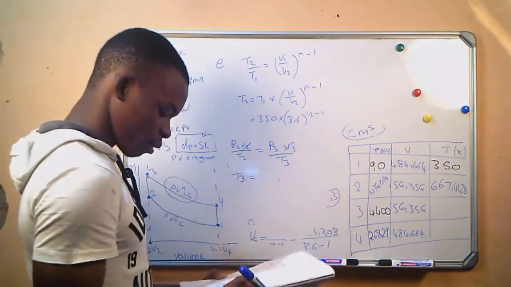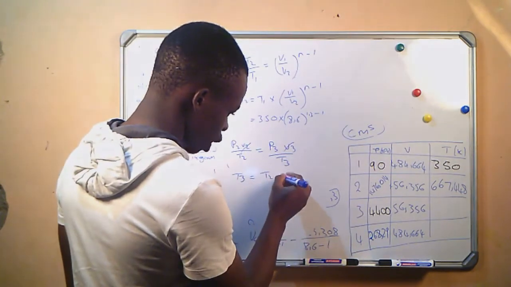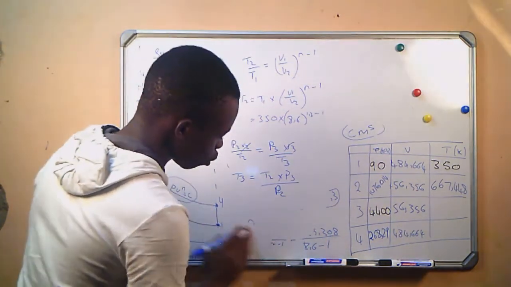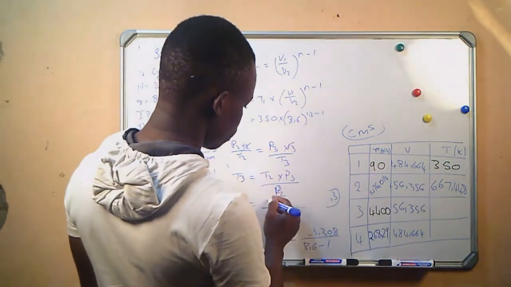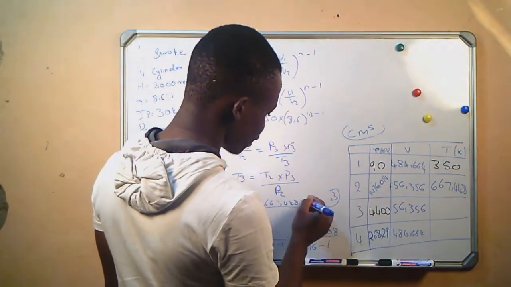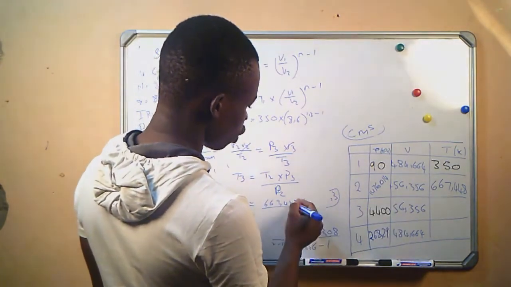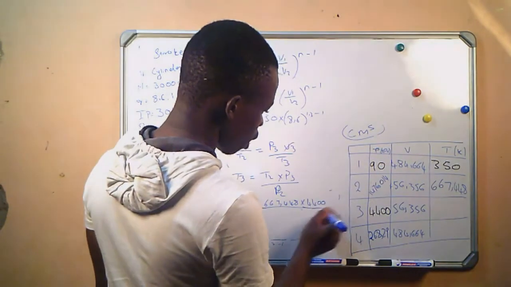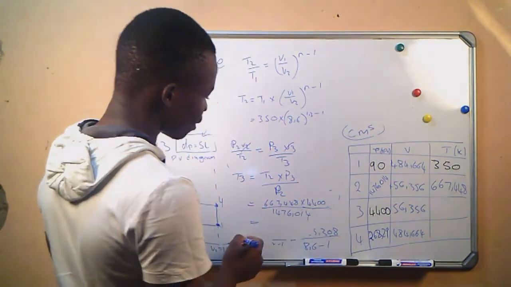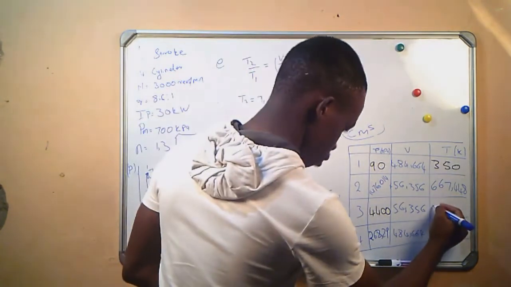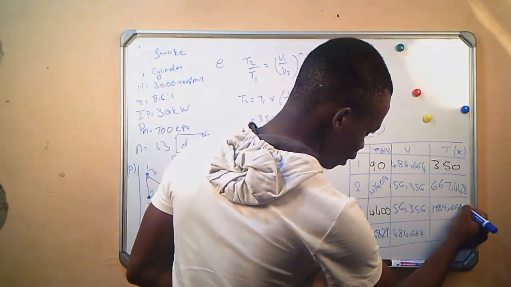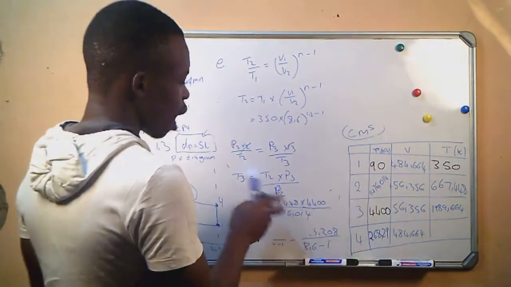T3 is given by T2 times P3 divided by P2, which will be 667.448 times our P3, which is 4,400, and P2, which is 1476.014, which will give us our T3 as 1989.664.